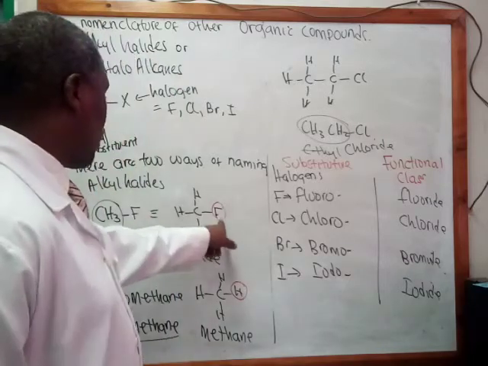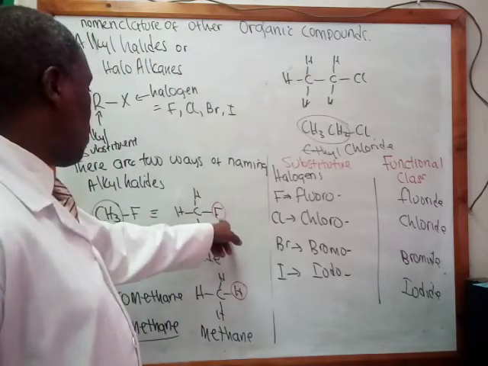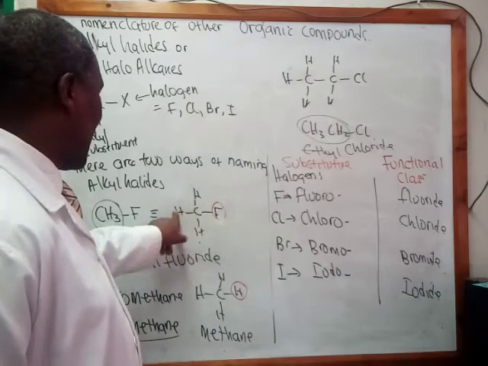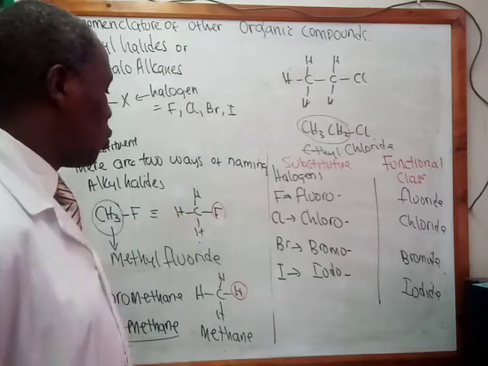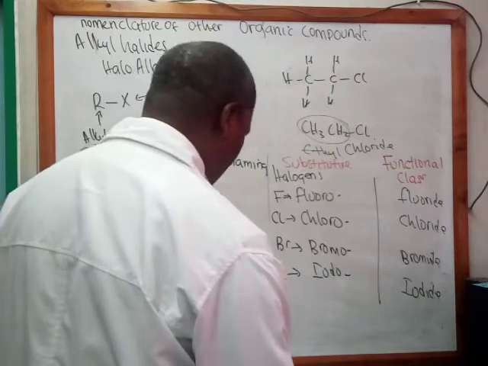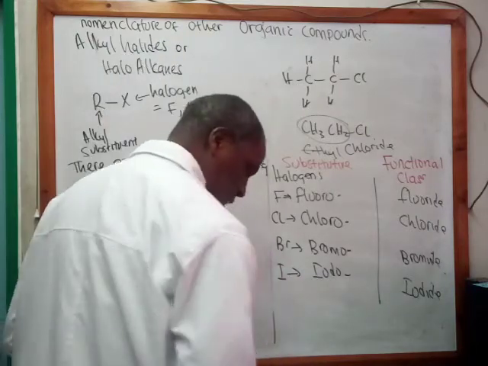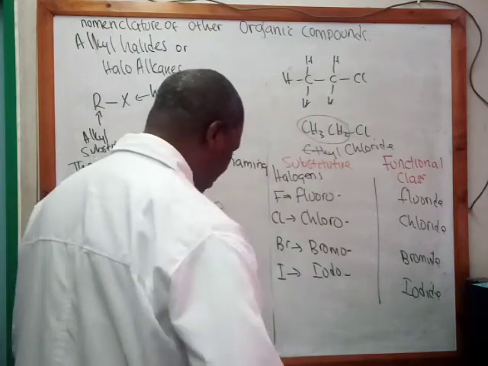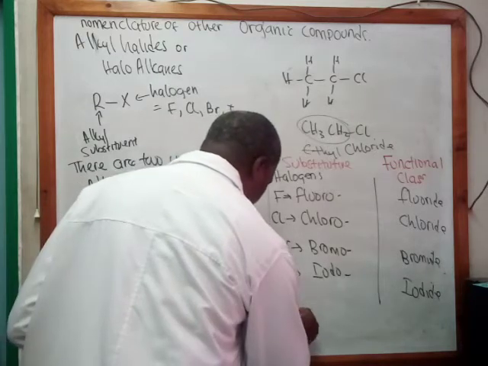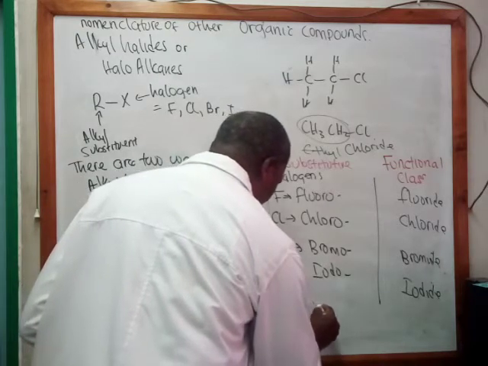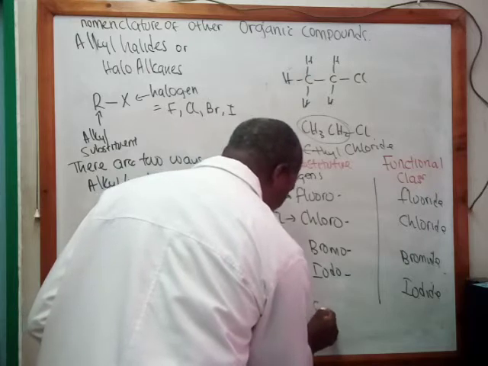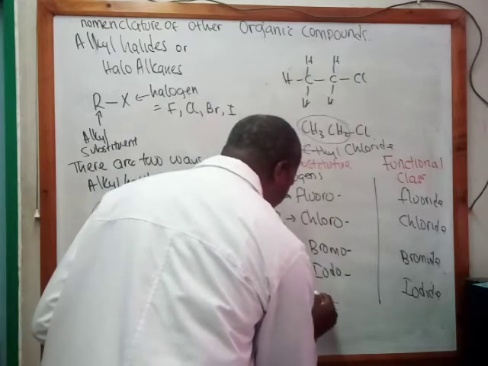For example, it can contain another fluorine, or it can contain two chlorines. So for example, I can have, let me put it in red, a chlorine, then there is the carbon, then there is the fluorine, and then there are the hydrogens.